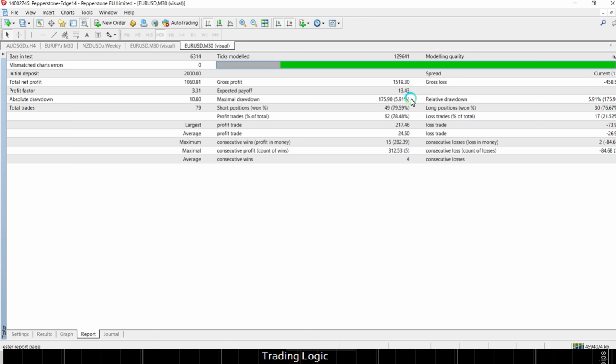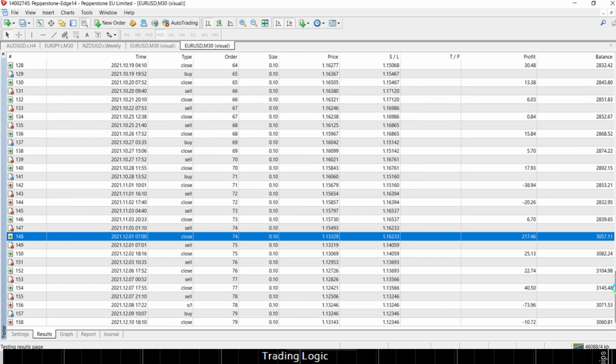That is great as well. And our maximal consecutive profitable trades are 5 and consecutive losses are just 1. It is a strategy that, in my opinion, has great potential, and we will see how it works on the live account.